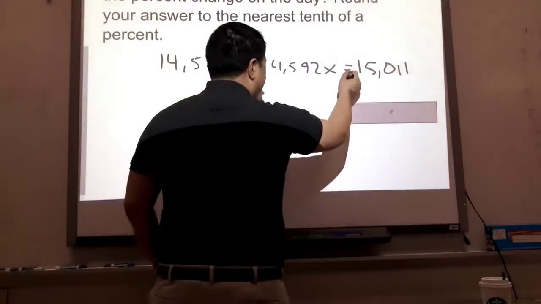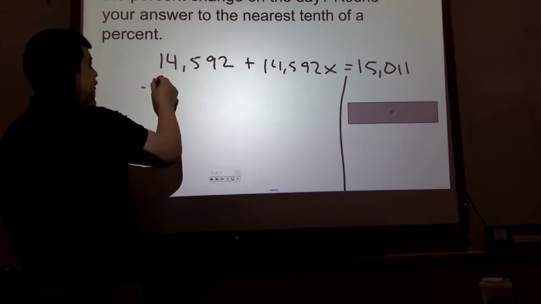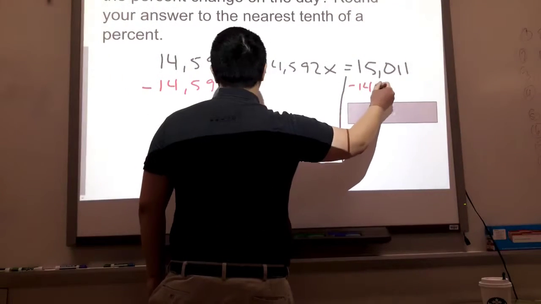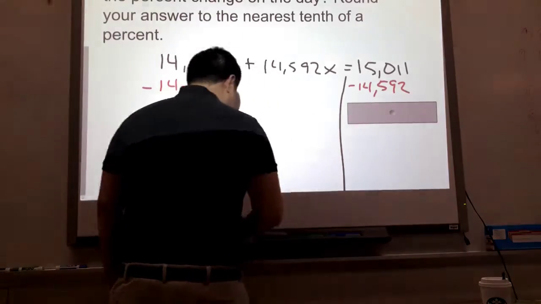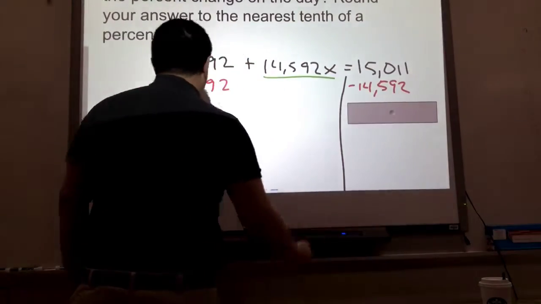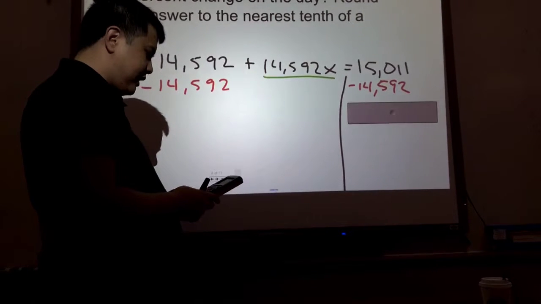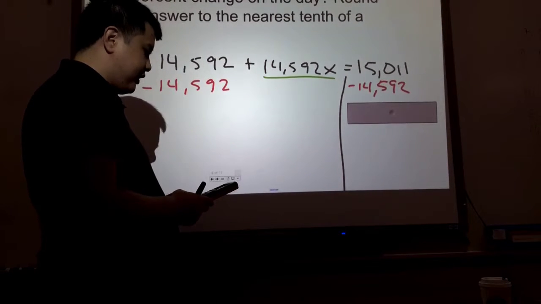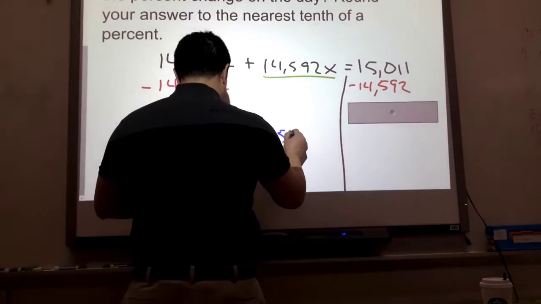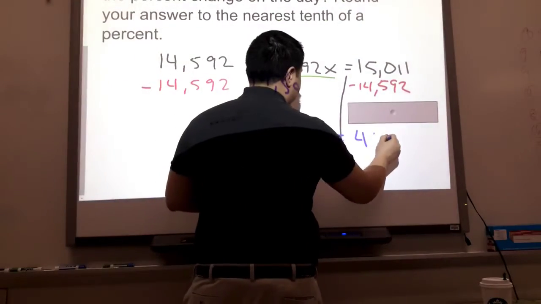We're going to draw our line down the middle and try to solve for it. We're going to subtract 14,592 in order to isolate the term, so isolate that by itself on one side. When we do that, this is where the calculator comes in. We get 15,011 minus 14,592. We get 14,592x equals 419.